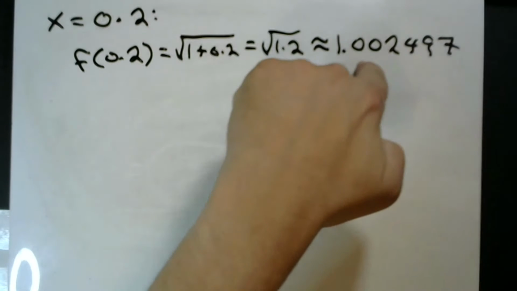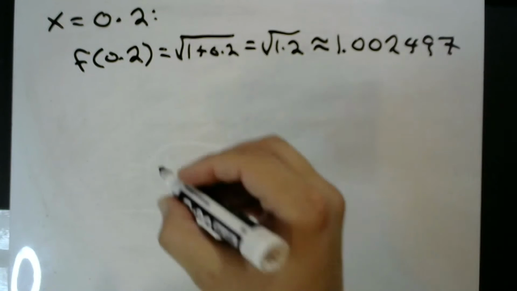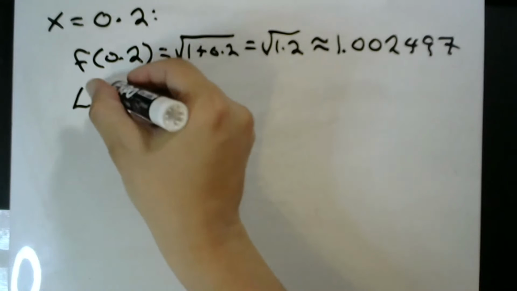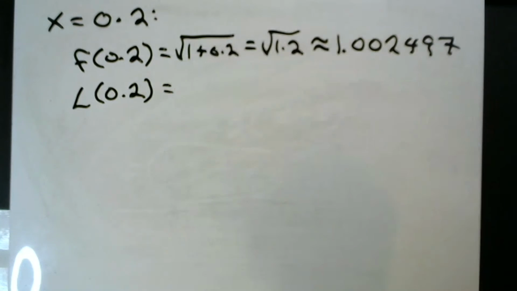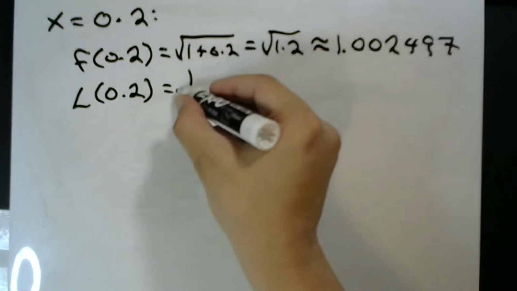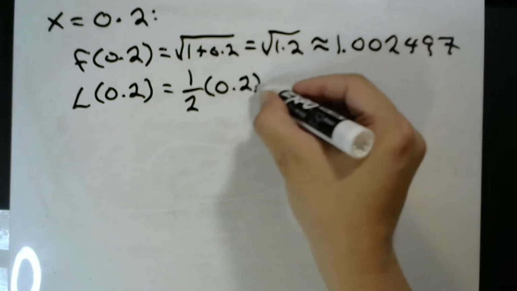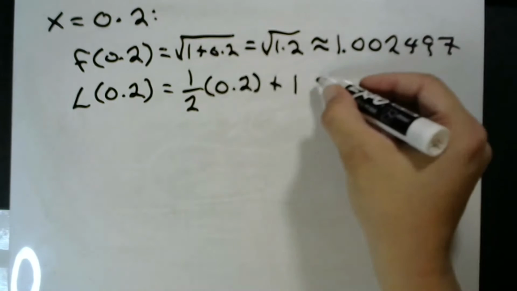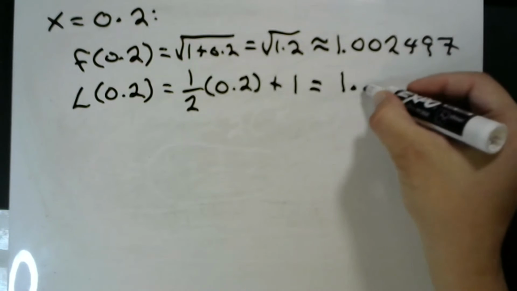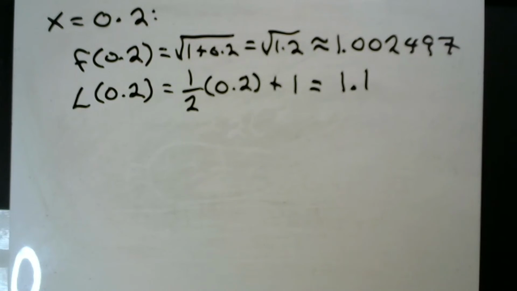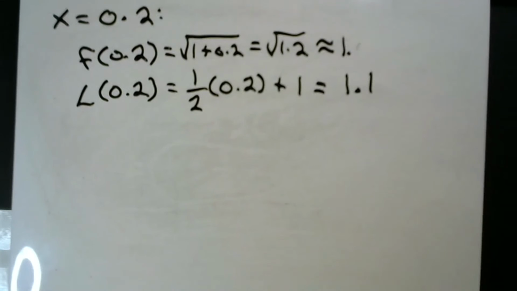So this is our true value. Now let's try our approximation function, L of 0.2. Well, that's 1/2 times 0.2 plus 1, and that's going to come out to 1.1. Oh, I'm sorry, I looked at the wrong number. This is actually a different number. Let me back up.